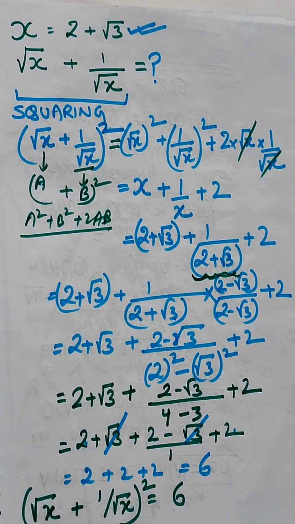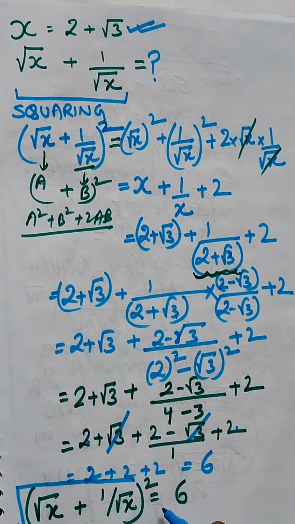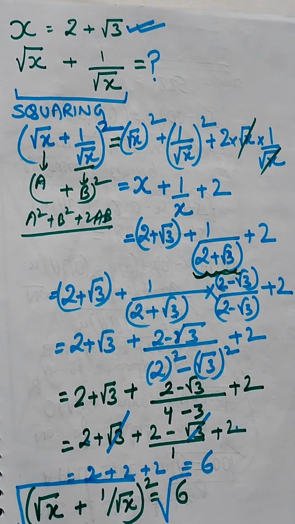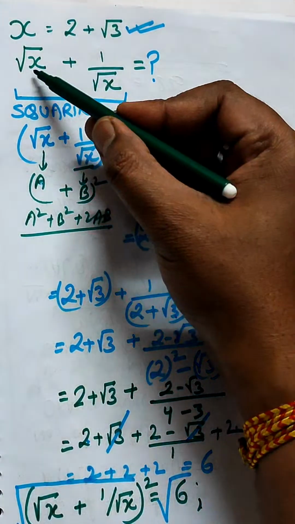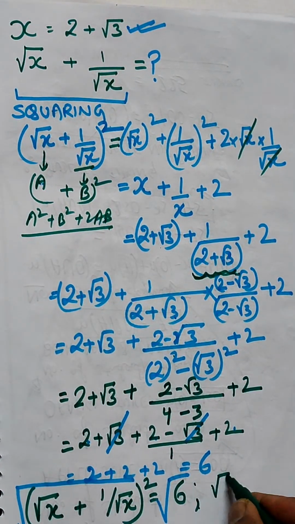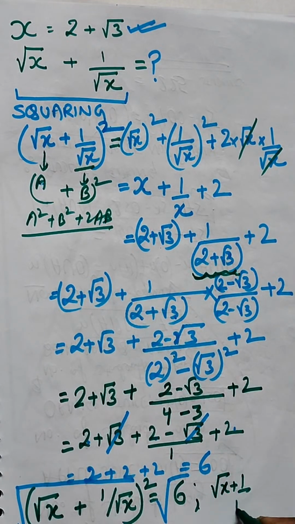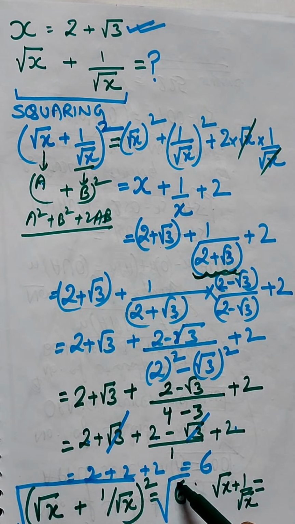Do one thing, take the square root of both sides. When you take the square root on both sides, that is LHS and RHS, you will get what you are seeking, that is root x plus 1 by root x, which is equal to root over 6.